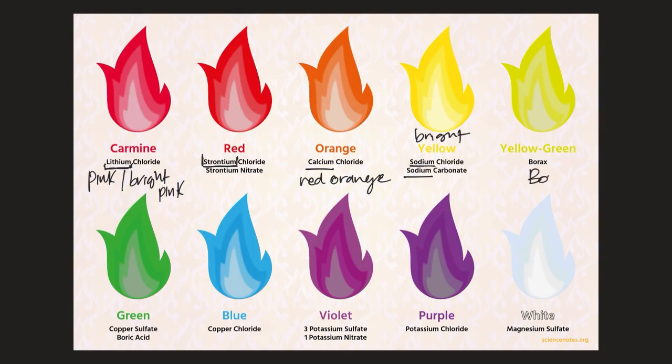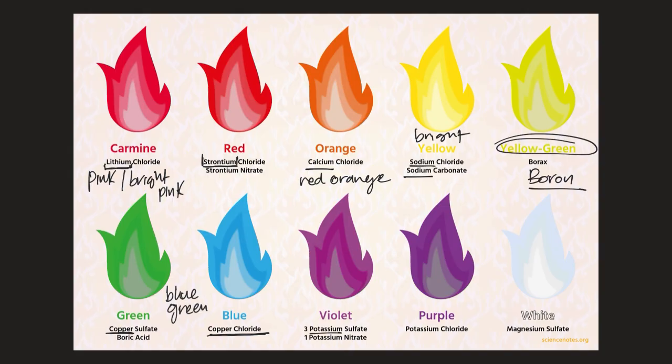Borax has to do with boron, and boron is going to give you a yellow-green color. You should know these colors. Copper will give you green. Copper chloride is a little bit different. That will give you blue. So if you ever get copper, I would suggest you go with a blue-green color. That way you cover both types of copper.